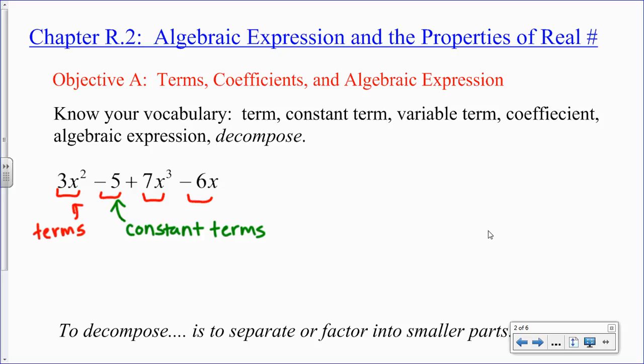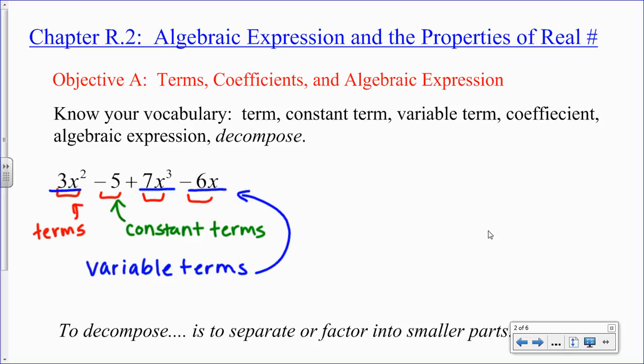So what's a coefficient? Give me an example from this problem. 3, okay.